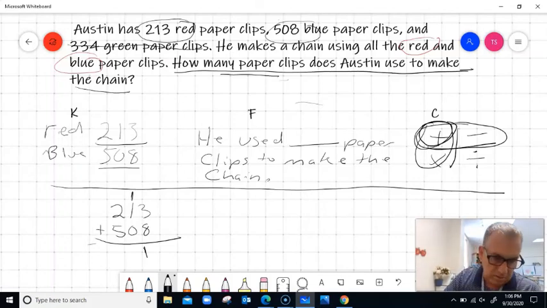Which is 2 tens, which is 20, so I put a 2 in the tens place. And now in the hundreds place, I have 500 and 200, and 500 plus 200 is 700. So 213 plus 508 is 721. So that means he used 721 paper clips to make his chain.